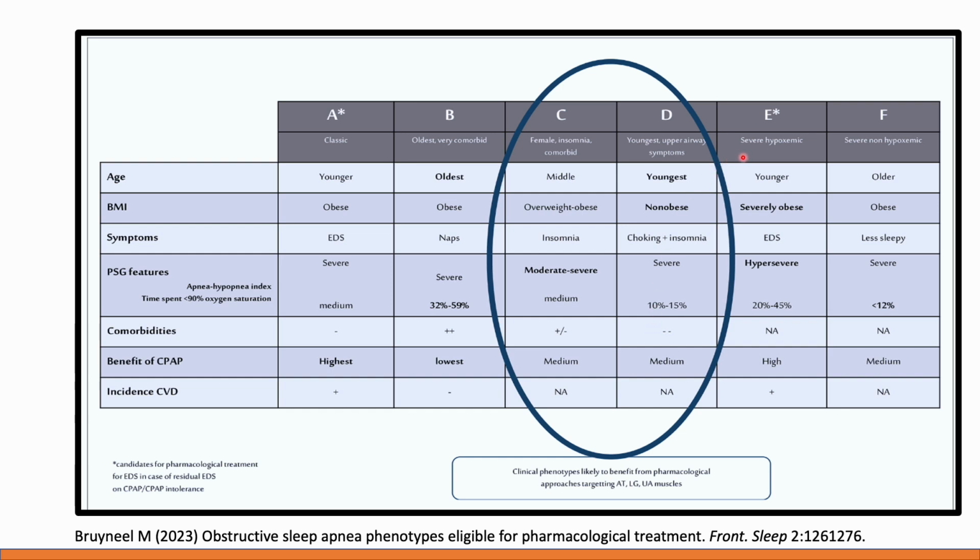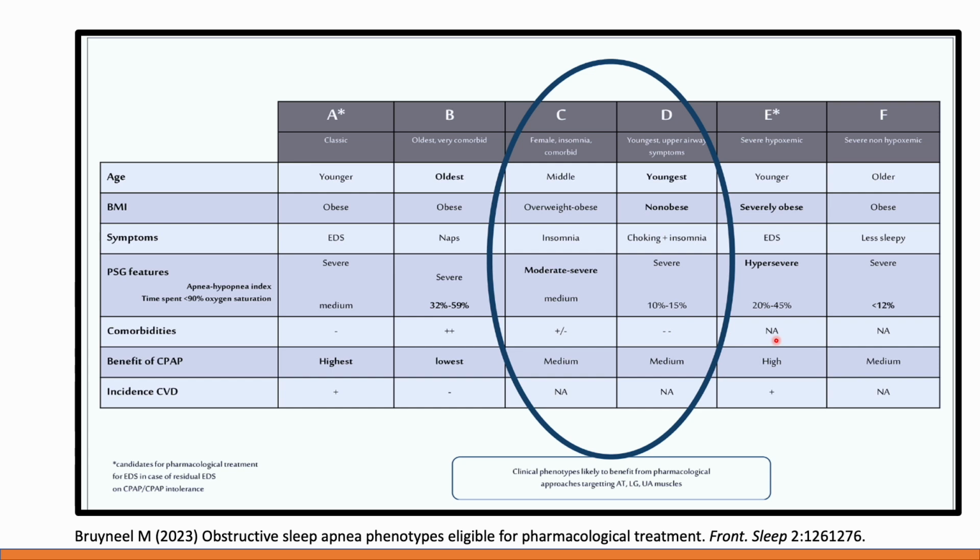Patients who are severely hypoxemic but are young, severely obese with excessive daytime sleepiness, will have a hyper severe AHI. They may have a 20 to 45% decrease in oxygen saturation in their sleep, and they will not have comorbidities. But because they have severe obesity and excessive daytime sleepiness, they will have a very good benefit from CPAP.